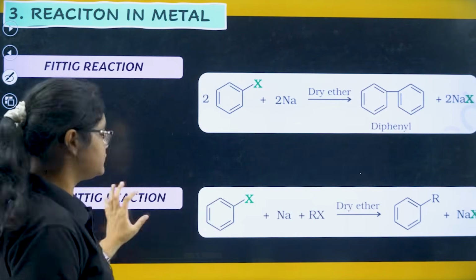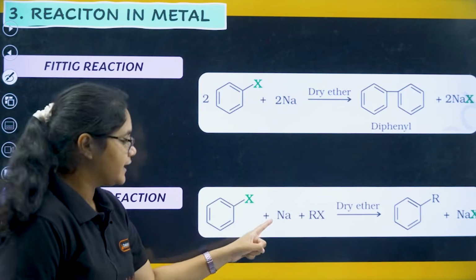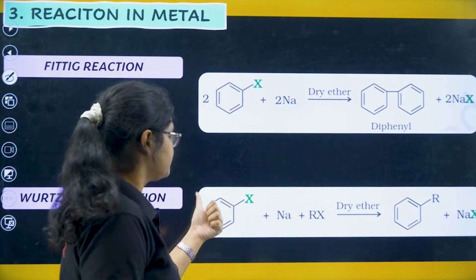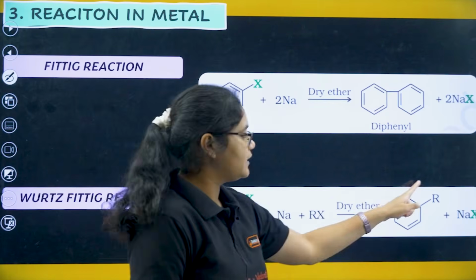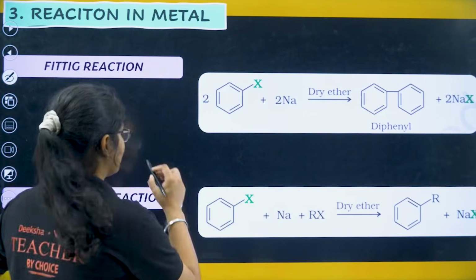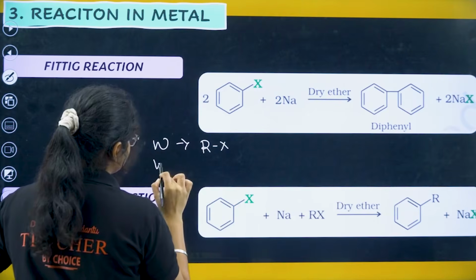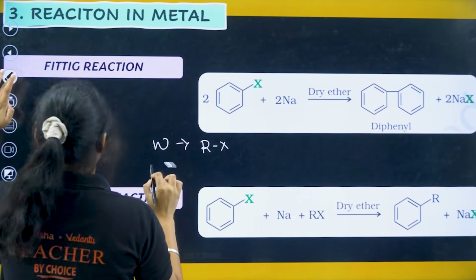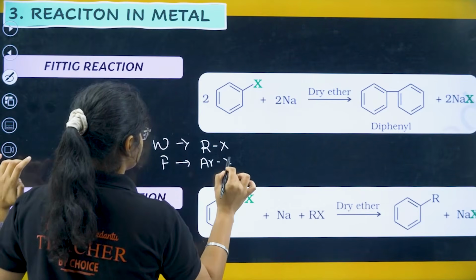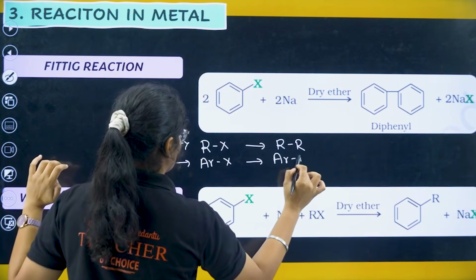What is the Wurtz-Fittig reaction? You take one haloalkane and one haloarene, in the presence of Na and dry ether, and you mix this R and Ar. You will get a compound like this. This is your Wurtz-Fittig reaction. It is very easy. In the Wurtz reaction, you have RX and the product is R-R. In the Fittig reaction, you have ArX and the product is Ar-Ar.